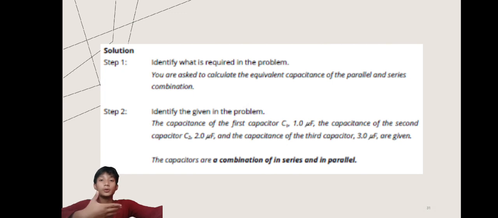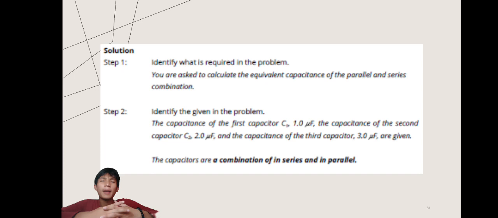First step, we were asked to calculate the equivalent capacitance of the parallel and series combination. Next, we identify the given: the first capacitor is 1.0 microfarad, the second capacitor is 2.0 microfarads, and the third capacitor is 3.0 microfarads.